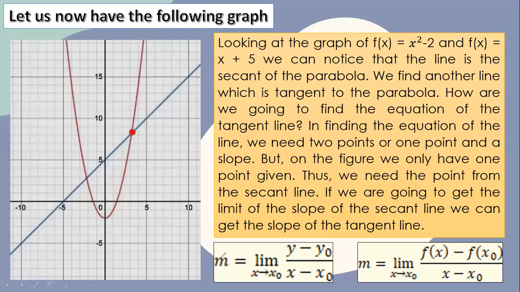So to find the slope of the tangent line, okay, so we will have to compute the limit of the y minus y sub 0 over x minus x sub 0 as x approaches x sub 0. Okay? So, as x approaches x sub 0, di ba yung point natin?